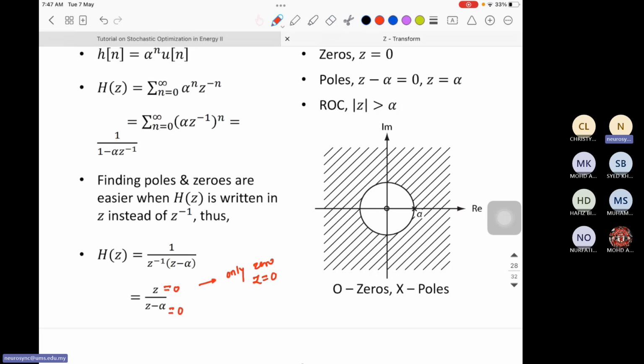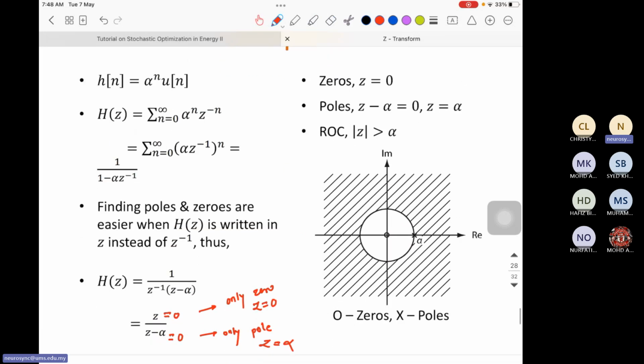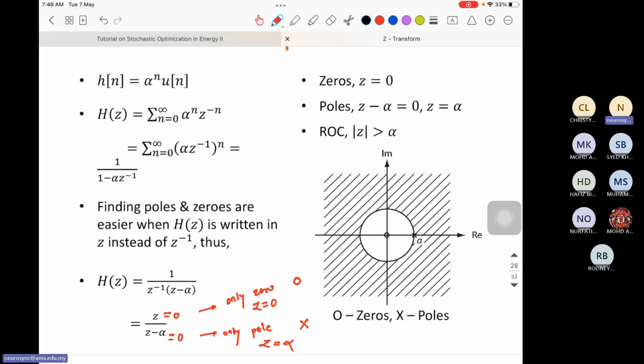This polynomial is having power 1, therefore only one pole will exist, and that pole is at Z equal to alpha. Now there is a symbol for how to represent poles and zeros in the Z plane. Zeros are represented with a small circle, and poles with a cross symbol. Like this we need to draw poles and zeros in this Z plane.